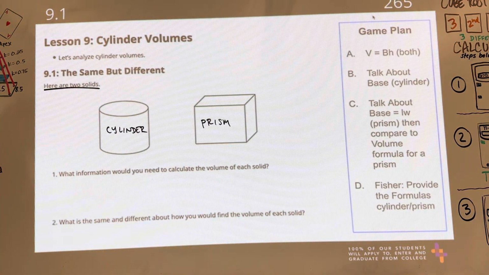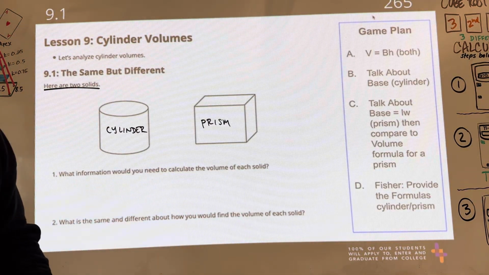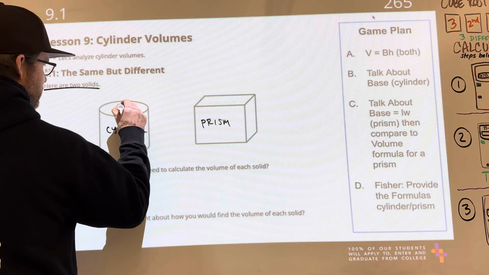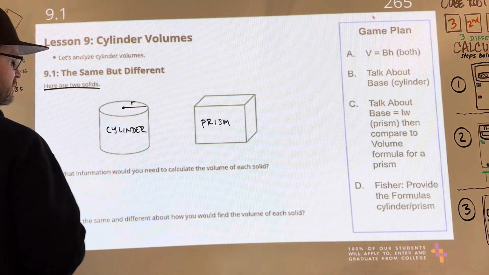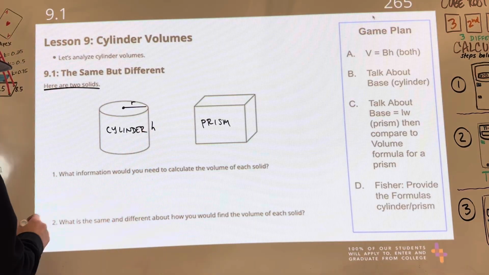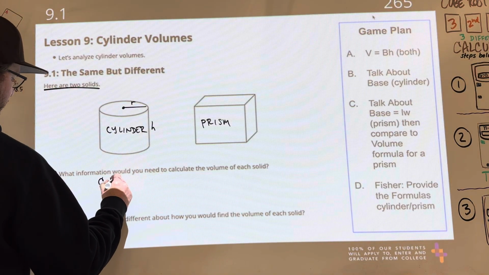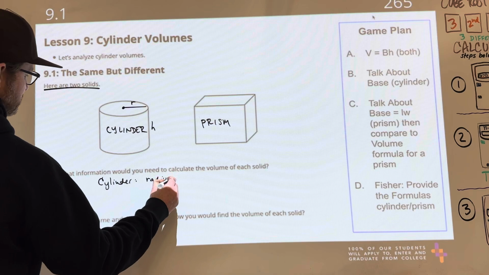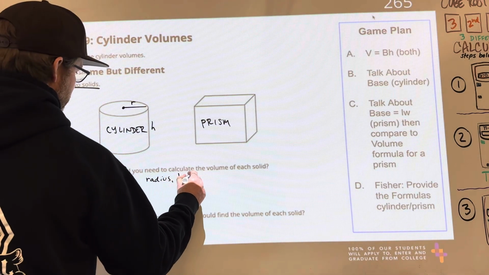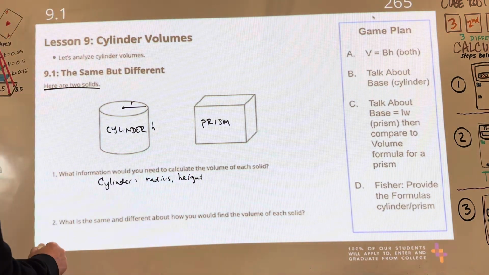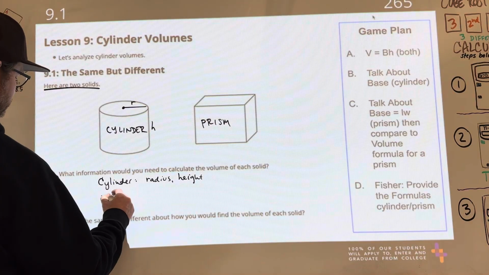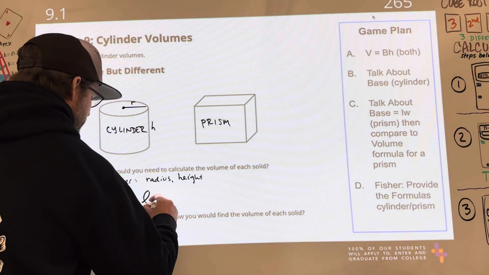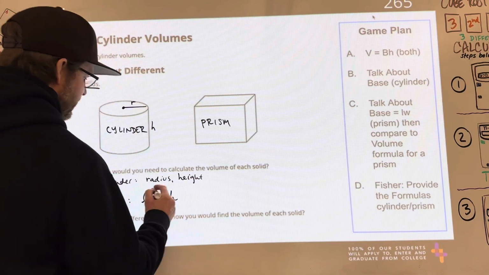What information would you need to calculate the volume of each solid? I'll tell you, on the cylinder, you need the radius and the height. For the prism, and you should already know this, you need the length, the width, and the height.